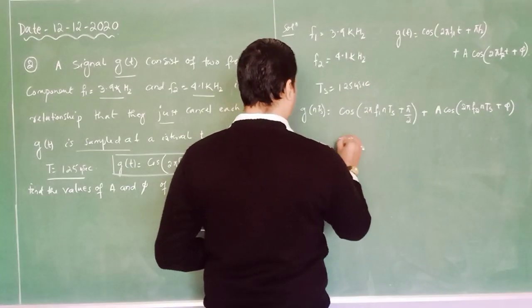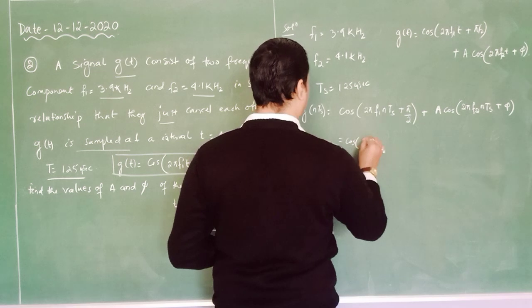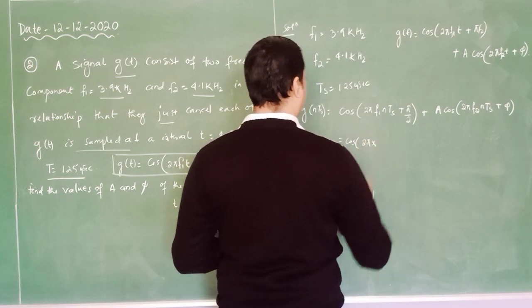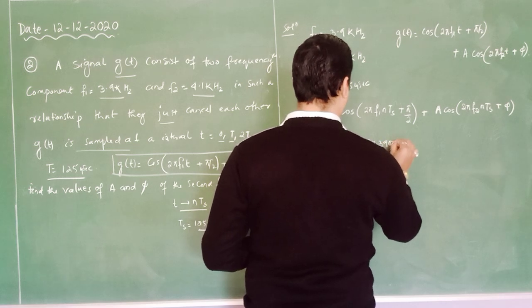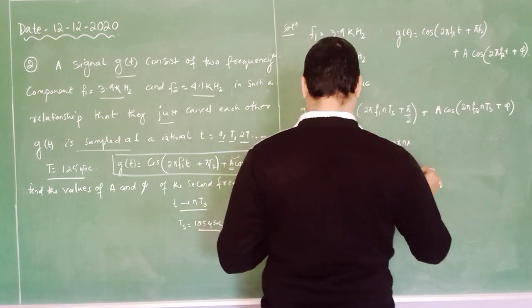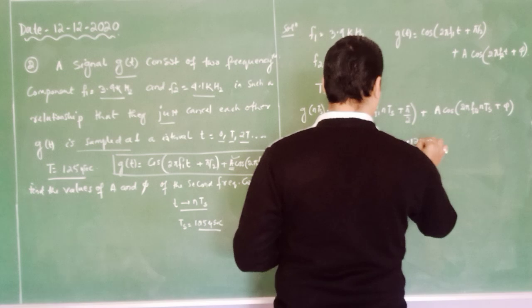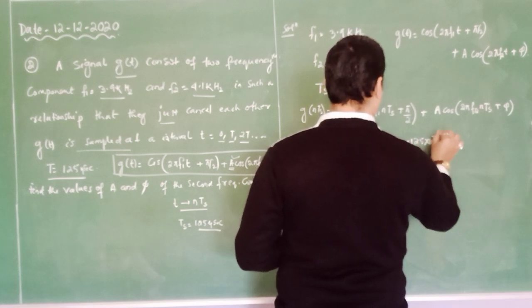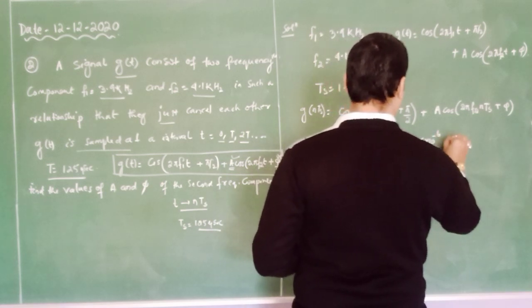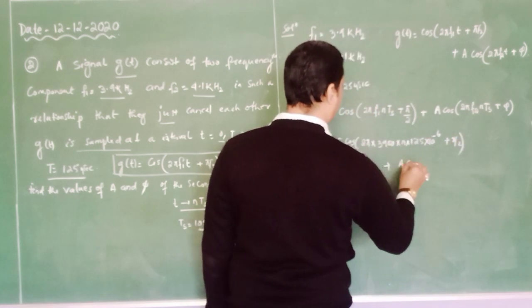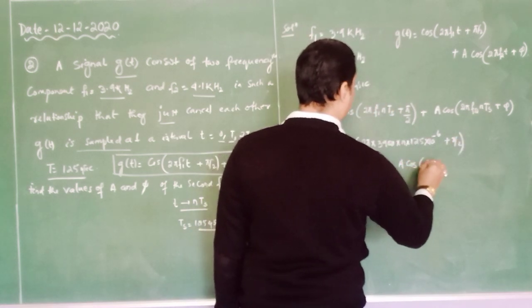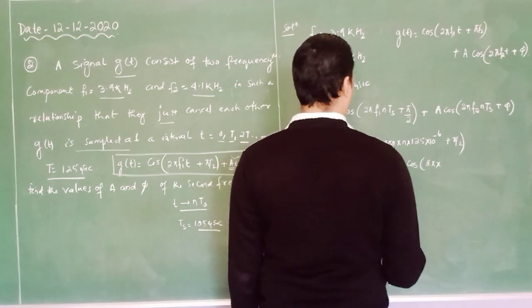So I will substitute: cos 2 pi, F1 is 3900, into n, into 125 into 10 to the power minus 6, that is Ts, plus pi by 2, plus A cos 2 pi into F2.